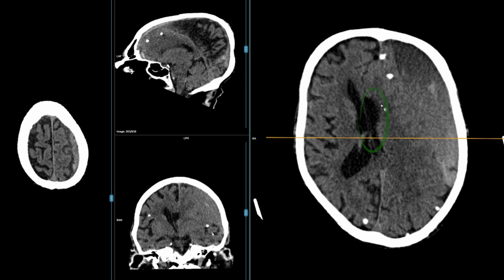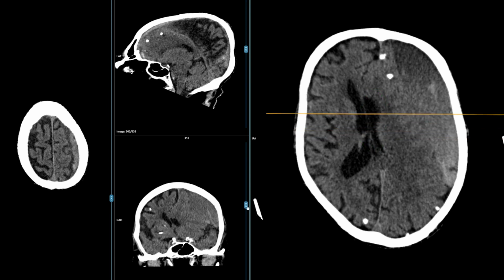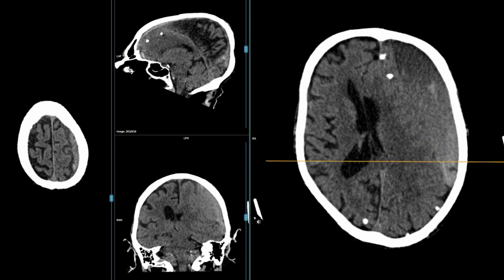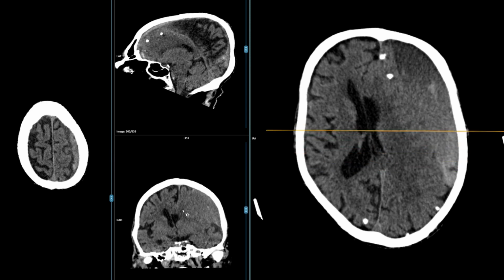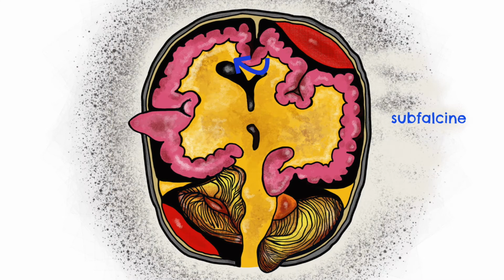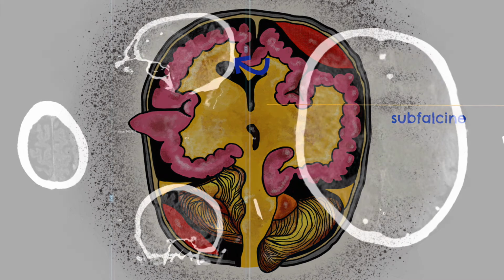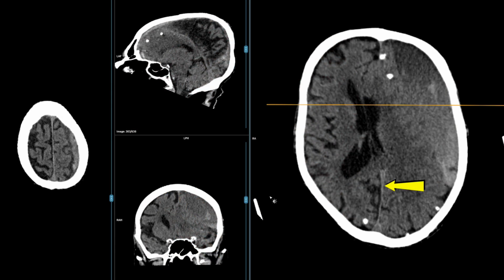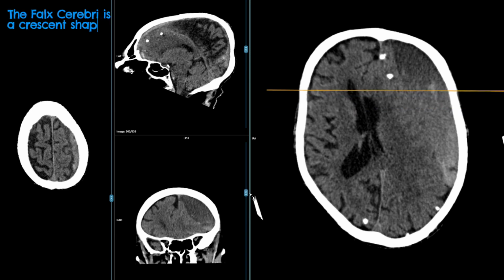This squashing has also resulted in compartmental herniation. What that means is that the left frontal lobe has been pushed to the right and it's slipped under the falx cerebri, shown here. This can cause ischemia or even infarct, if persistent.